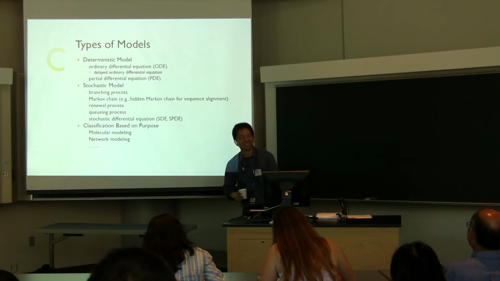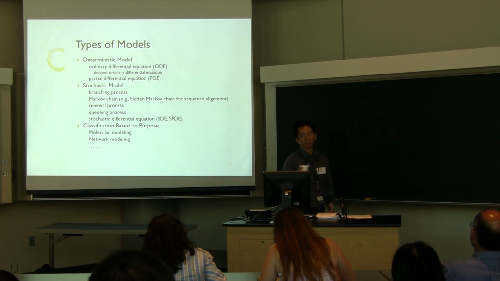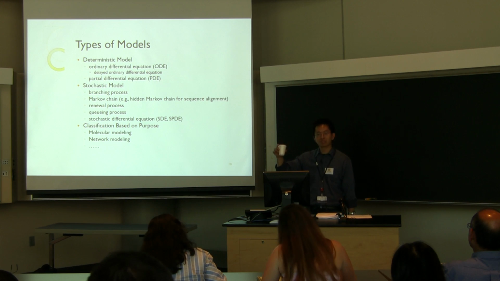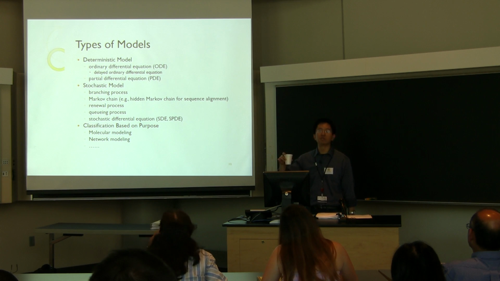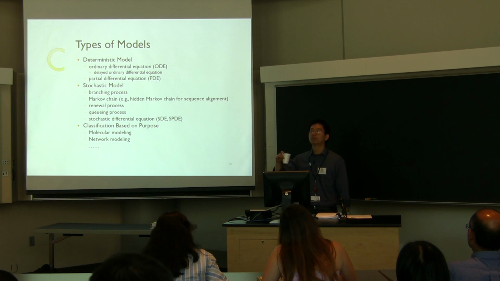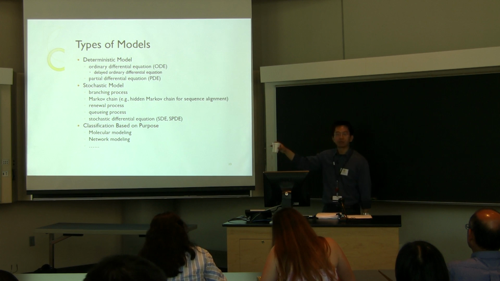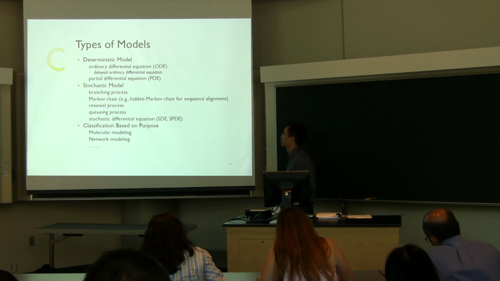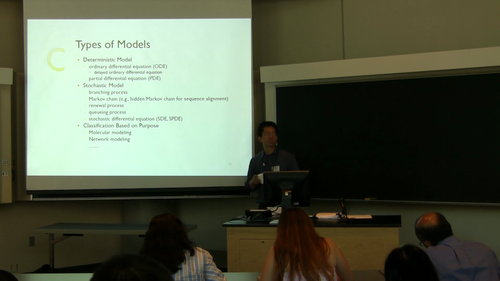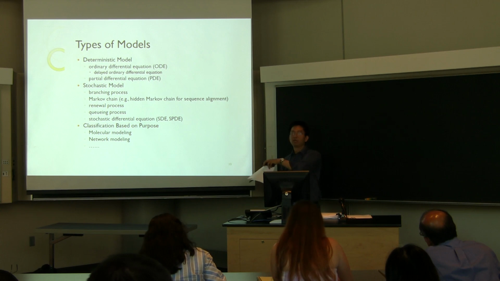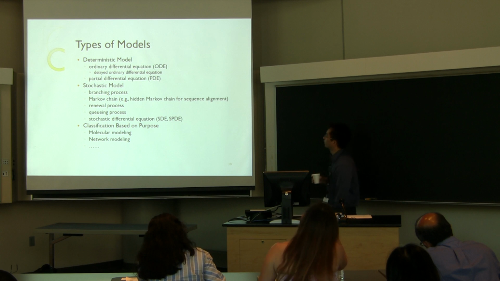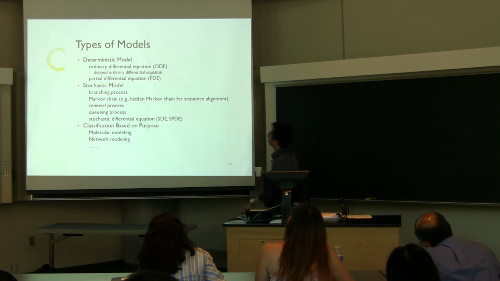The key difference is that ODE can only model a well-mixed culture of particles, which means it cannot consider spatial difference. PDE can take the spatial difference into consideration. But I'm not saying wrong things: PDE is much more complicated than ODE. We're going to have some examples this afternoon to look at these two things.